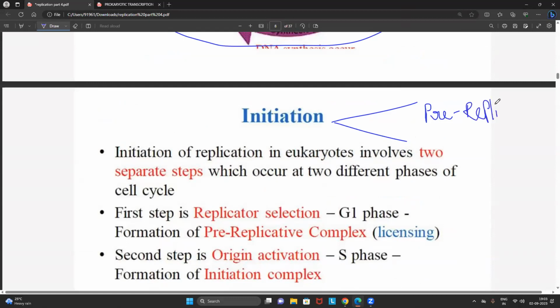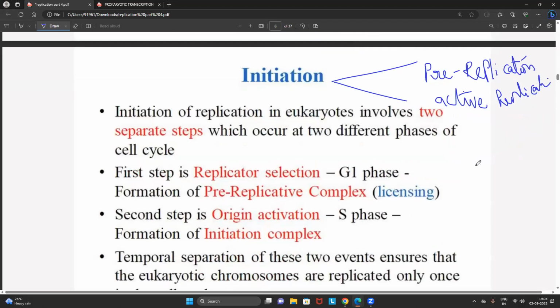The first one is called pre-replication complex formation. And the second step is that the pre-replication complex has to be converted into the active replication complex. This is the process of initiation.